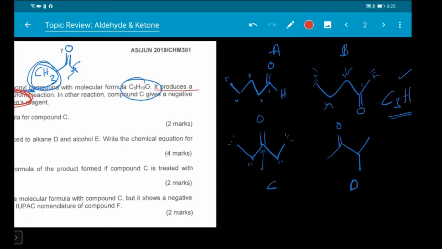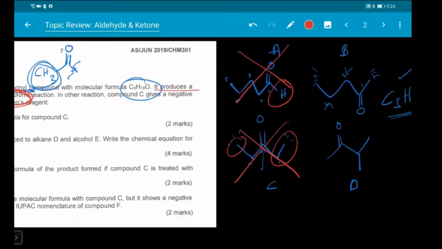So, from this question kan, kita boleh eliminate hampir semua structure. Alright, kita boleh eliminate A, kita boleh eliminate C punya possibilities. Kenapa? Pasal diorang tak ada methyl group kat belah kiri kanan. The methyl group should attach directly to the C double bond O. Alright, yang B kita ada methyl group dekat carbon number 1.